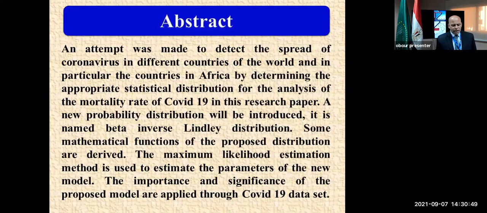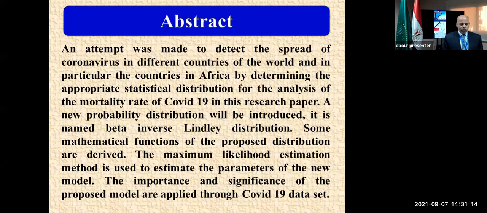An attempt was made to detect the spread of coronavirus in different countries of the world, and in particular the countries in Africa, by determining the appropriate statistical distribution for the analysis of the mortality rate of COVID-19 in this research paper. A new probability distribution will be introduced. It is named beta inverse Lindley distribution.